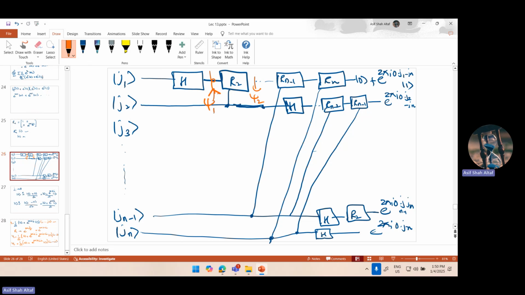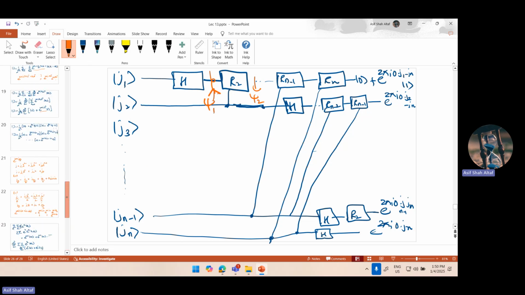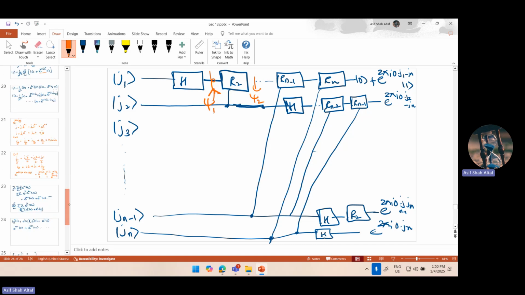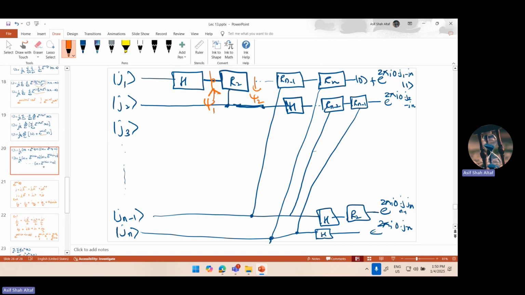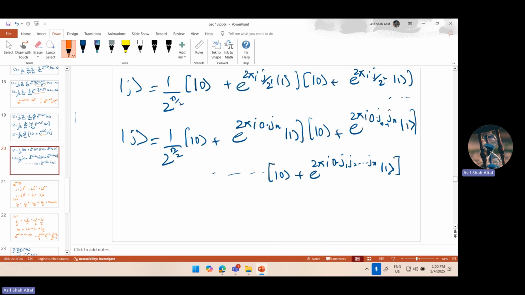Okay, so at the output of each of these lines, if you carefully look, you have these multiple terms where you have exponentials with binary fractions starting from J1 to Jn and finally only Jn. And if you compare it with the quantum Fourier transform, somewhere I wrote it here, they also have the same representation.